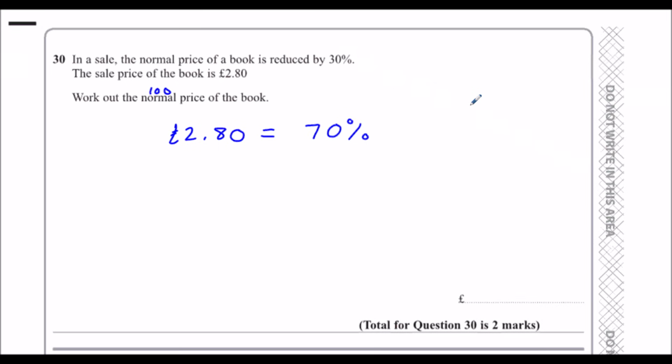So if we want to work out what 10% is, we need to divide by 7. To go from 70% to 10%, you divide by 7. So £2.80 divided by 7. 28 divided by 7 is 4, so that's 40p.